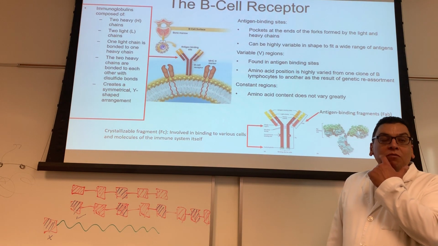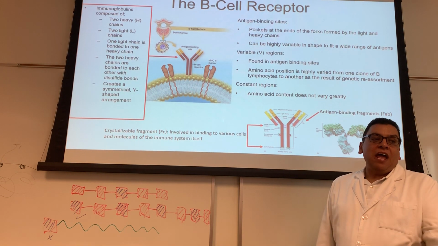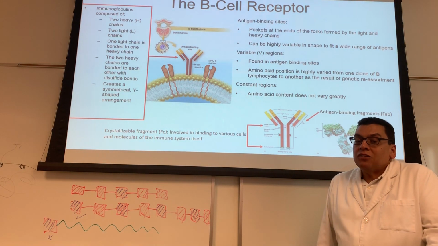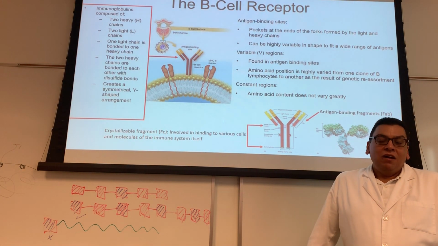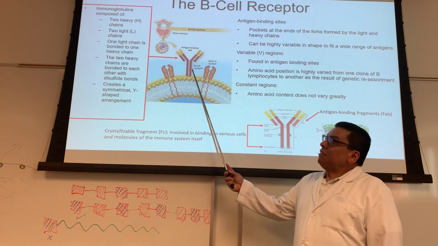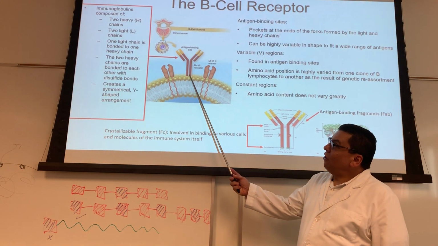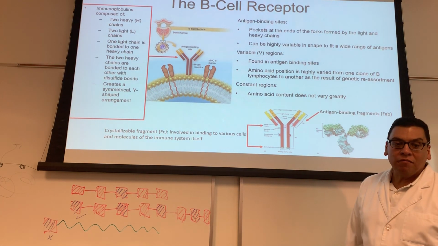A B cell receptor, the only difference between a B cell receptor and your standard antibody circulating in your blood is the fact that the antibody circulating in blood is not attached to anything. It's soluble. It's mixed in your plasma. But the B cell receptor is the same exact antibody, but it's anchored on the surface of the B cell. That's the only difference between them, really.